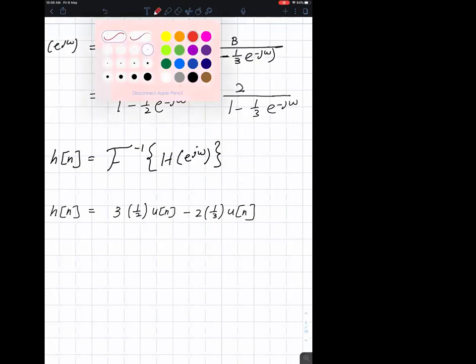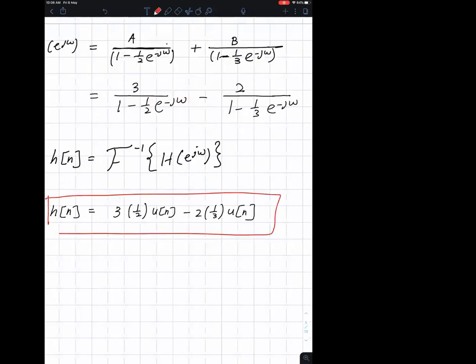That's the impulse response. The minus 1/2 here is right here. Minus 1/3 is inside here. This constant minus 2 is here. 3 is here.